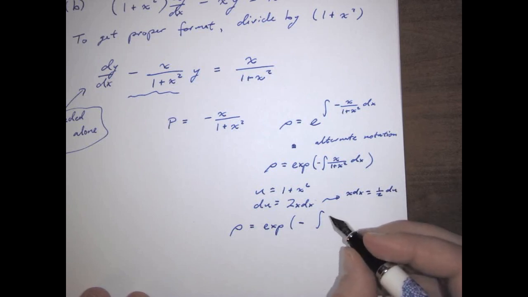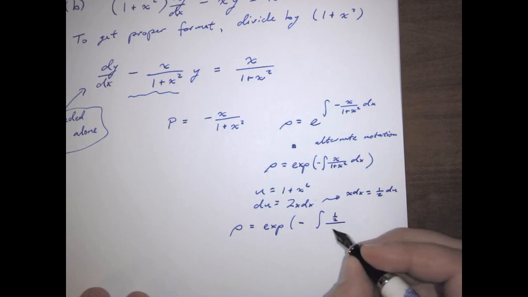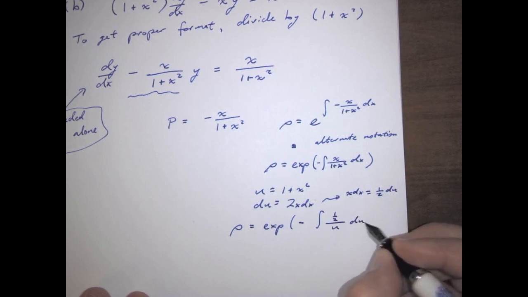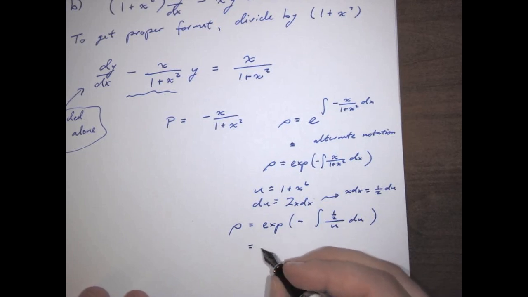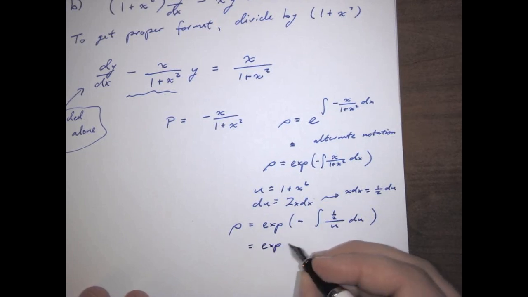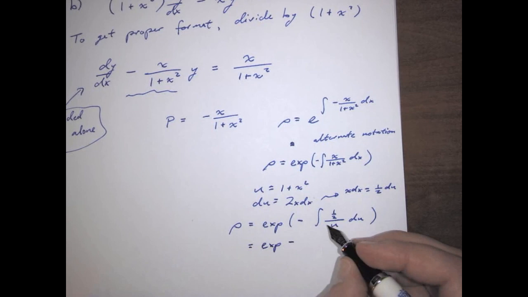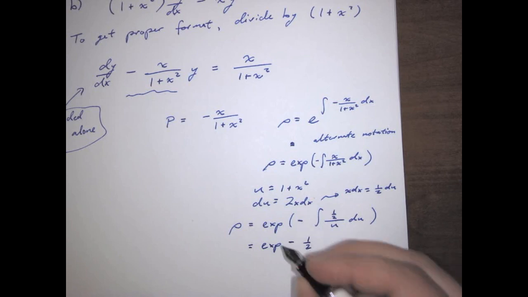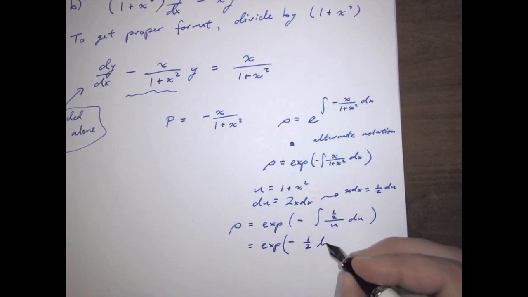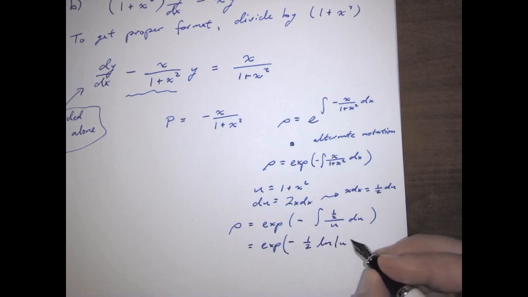So this is the same as 1/2 divided by u du, which is going to be exp negative, and now what we have here is 1/2 natural log of the absolute value of u.